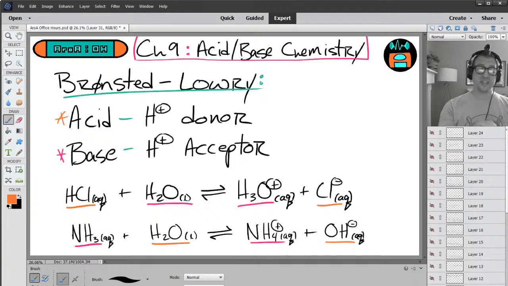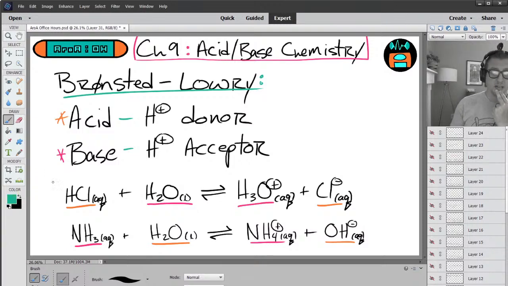All right, so with the Bronsted-Lowry definition of acids and bases, we don't look at what they make, we look at how they react. We look at what they're doing in the reaction. Acids are donating a proton, H+. Bases are accepting a proton, H+. Now, I want to point out two things. First, the Bronsted-Lowry definition of acids and bases is not in conflict with the Arrhenius definition.